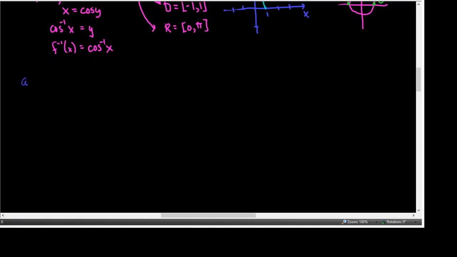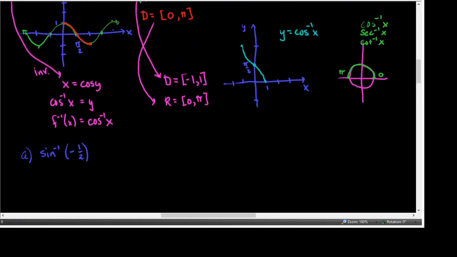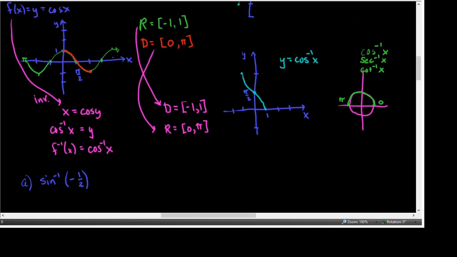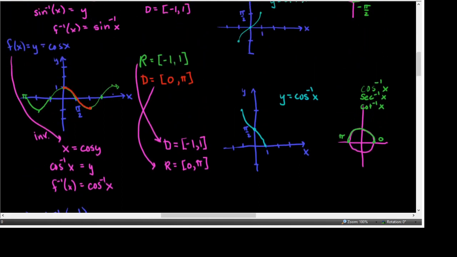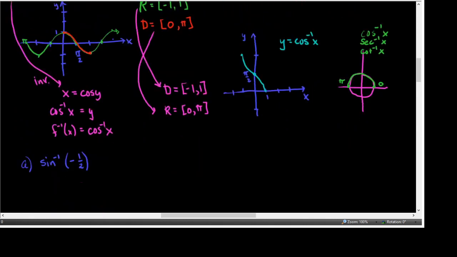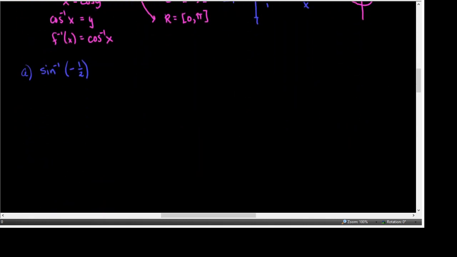A, what is arcsine of negative 1/2? I just don't like arc because it's more writing, so I'll always use sine inverse, but that's okay. One thing you ought to realize is that the output of an inverse trig function, look at your y-axis, is scaled by pi over 2, and so it's an angle in radians.